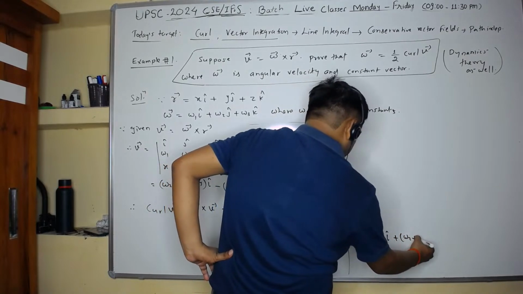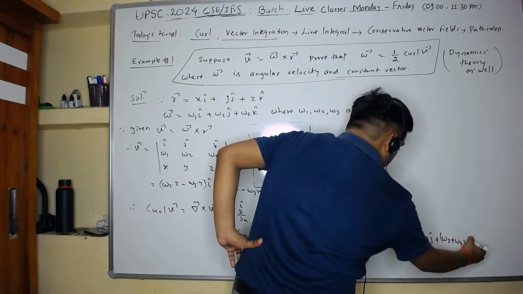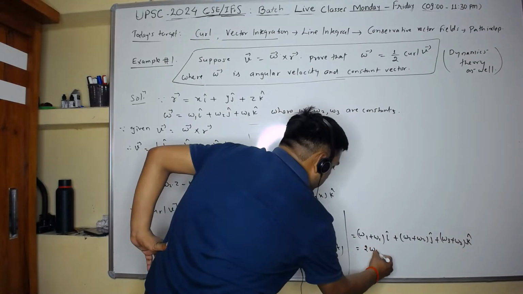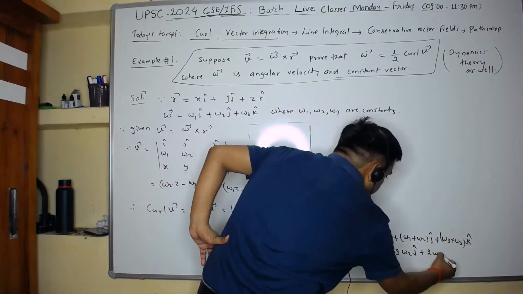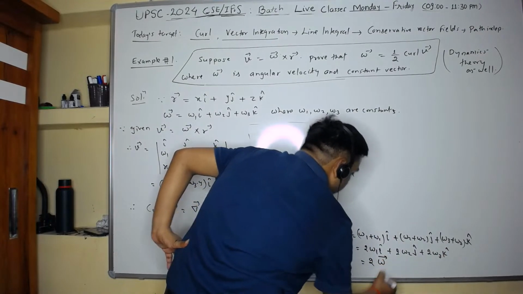Let me check it once and see what we get. So that is 2 omega 1 i cap plus 2 omega 2 j cap plus 2 omega 3 k cap. That becomes 2 omega vector.